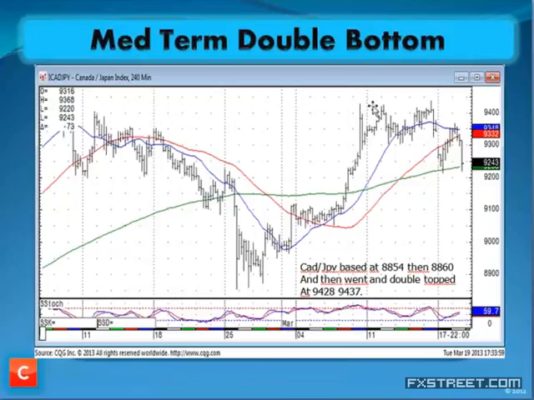Where people's problems are with the double top pattern, they always say that the right hand one, so there's your left hand one, that's your right hand one, should be lower. Well, that doesn't happen, okay? You can go at least 25 to 30 pips above this high here.